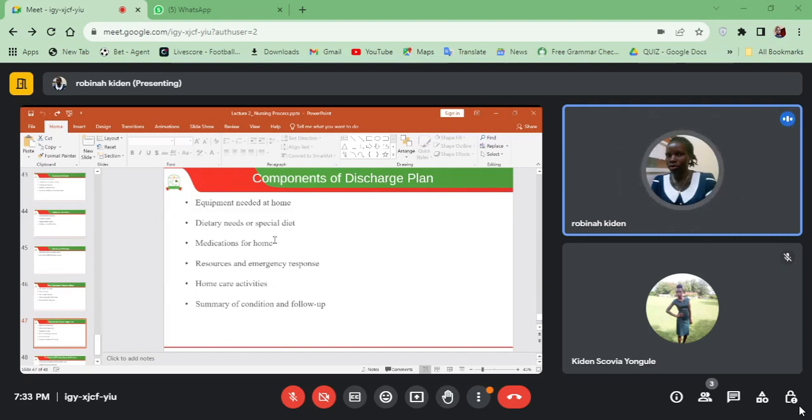So everything has to be prepared. You need to have that bed, a bedpan and other things at hand. Then dietary needs or special diet if needed, medications for home, resources and emergency response, home care activities, summary of conditions, and make sure that you follow up.